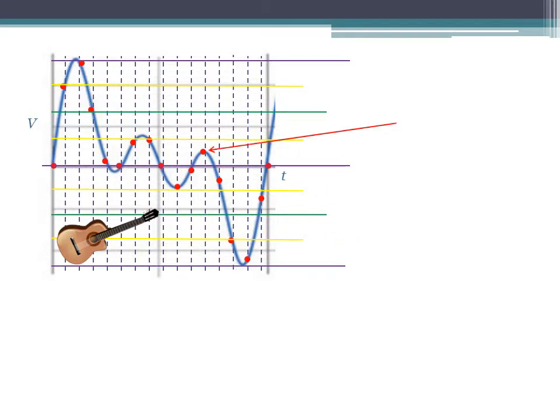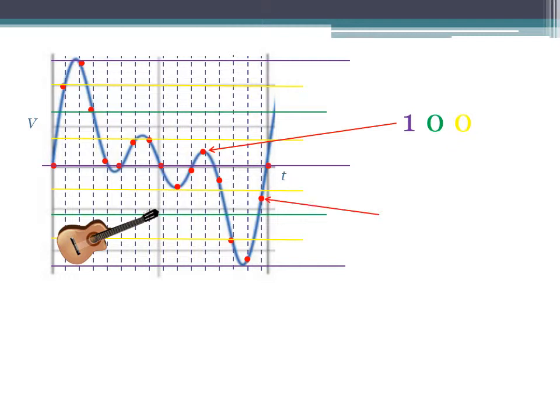So for example, if we look at this point here, it is in the upper part of this range. So that's going to be a 1. And then it's in the bottom part of this range here. So that's going to be a 0. And then it's in the bottom part of this range here. It's below the yellow. So that's going to be a 0.